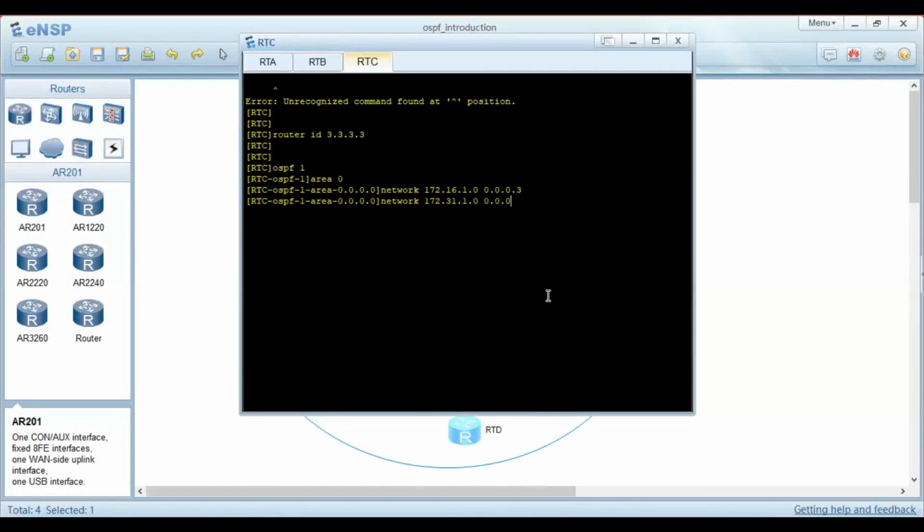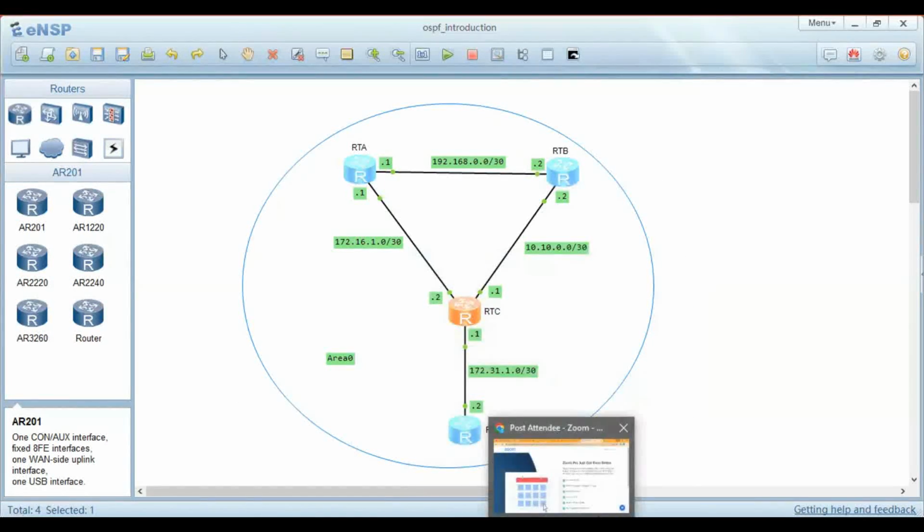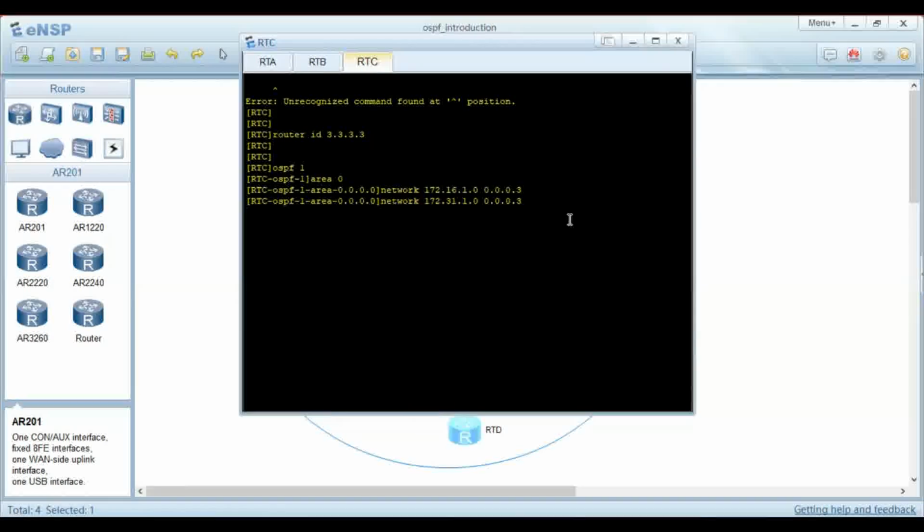Still, the wildcard mask is the same because they are both /30 IP addresses. And then also enable our loopback. Our loopback was 3.3.3.3, with 0.0.0.0.